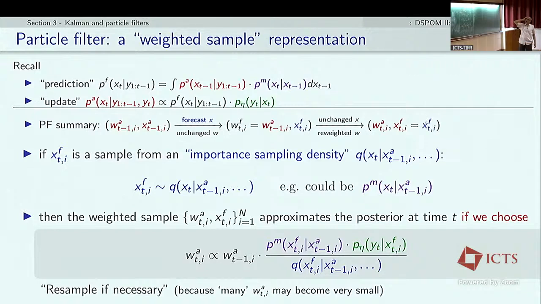If XF, the forecast, is actually not a sample from the original density that you wanted to sample, but a sample from some other density, which here I'm calling the importance sampling density, call it Q, then in order to get an appropriate sample out of the forecast and eventually the analysis, you need to adjust for the fact that we have an importance sampling density rather than the original. So the heuristic is fairly straightforward. Let me just write it here for now.